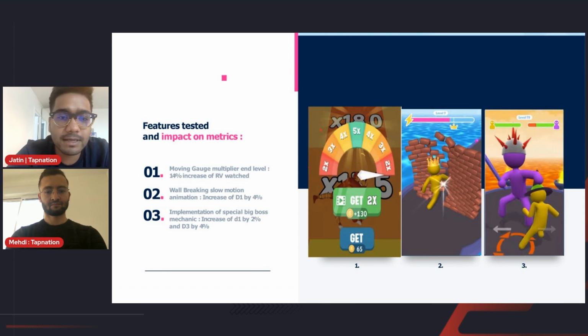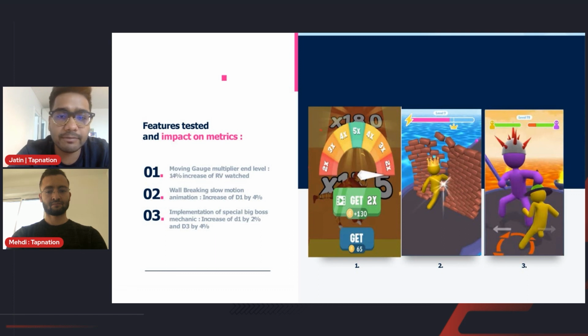And the second was when we added the obstacles, which is something I talked about in the earlier part of the slides, but also we tested how we should show the wall break mechanism. Should it be in slow motion, or fast, or in what way?